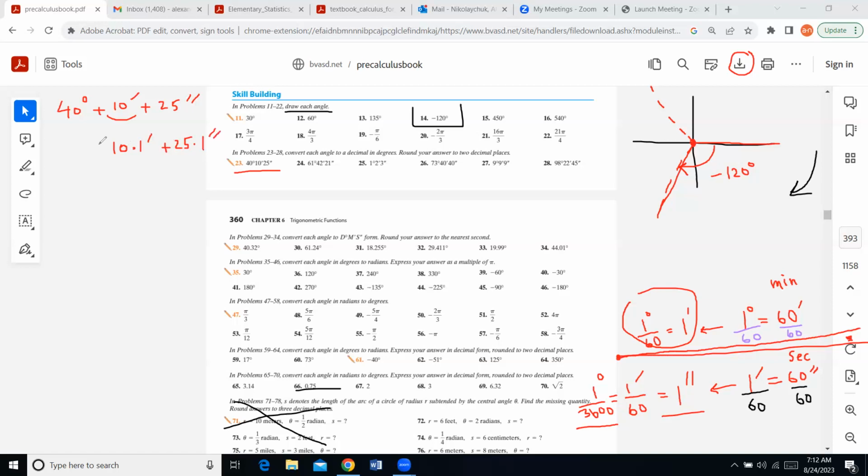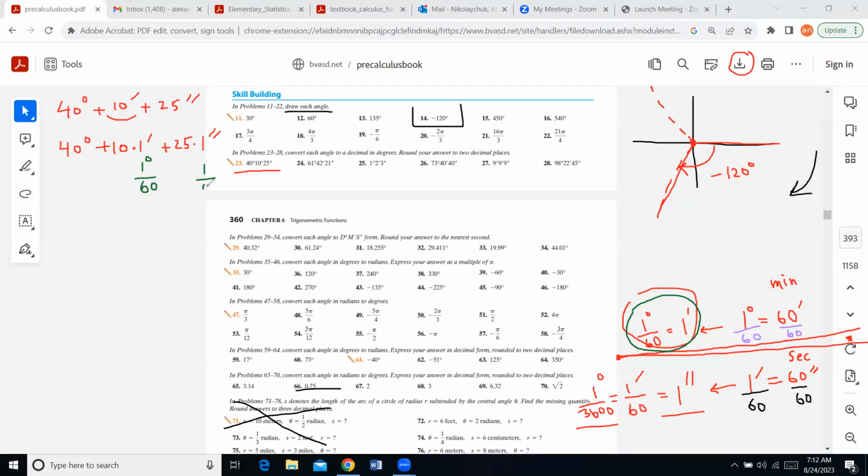You say, Alex, why do you need to do this cheap trick of multiplying by 1? Well, it's the same thing, but now I could utilize these two formulas that we just produced. Instead of 1 minute, I produce 1 over 60 degrees.